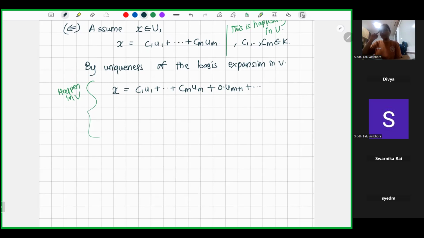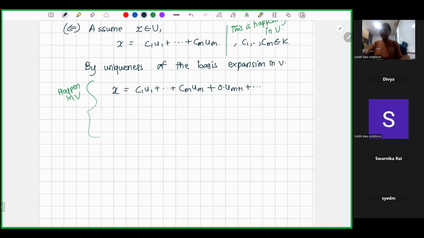Every element in the vector space has a unique basis expansion. If something is a basis and I write a linear combination of any element with respect to that basis, then that expression is unique.